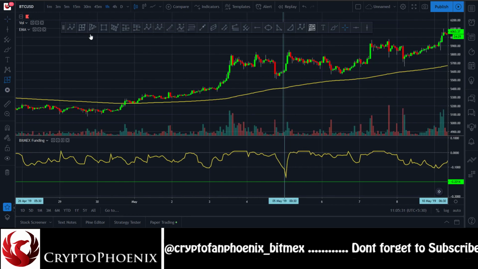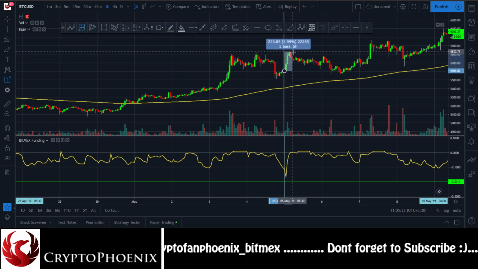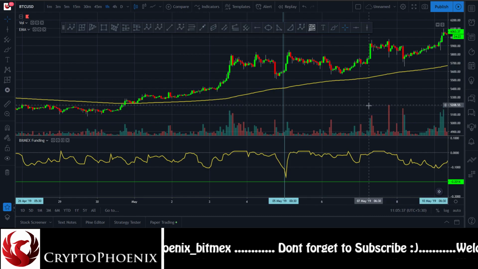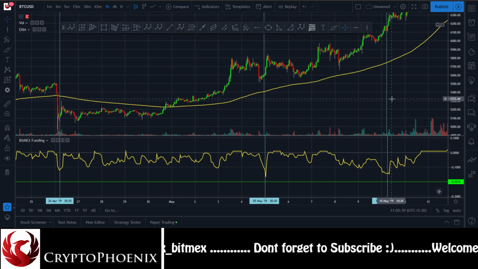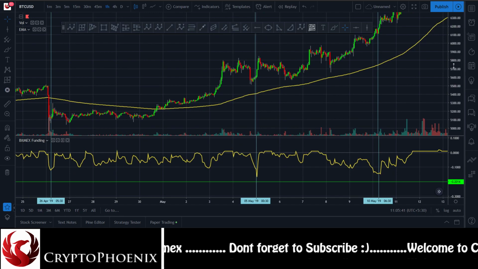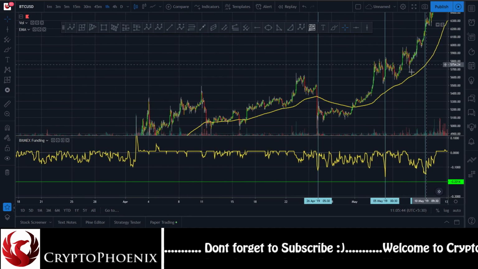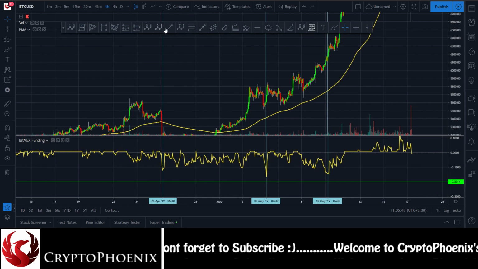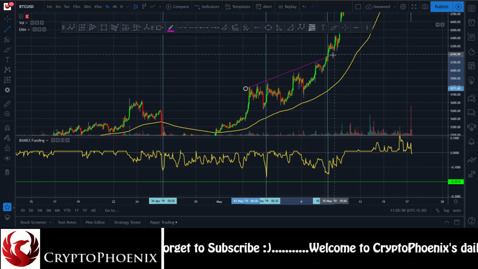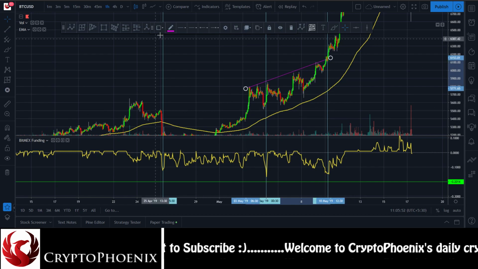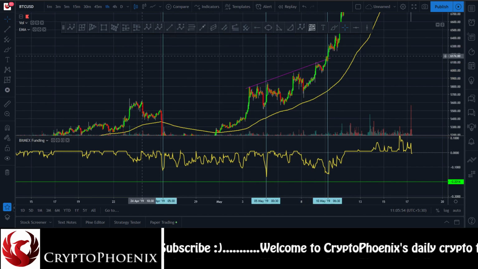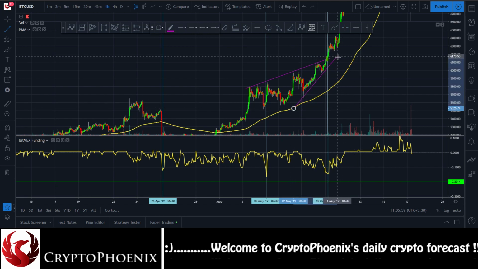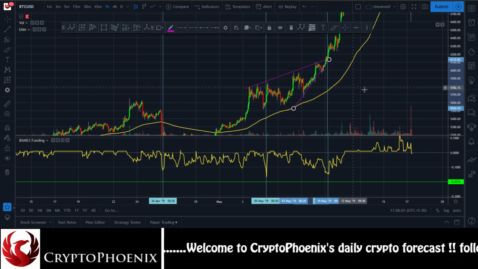And if you look at this pump, that's almost 4%. If you leverage 10 times, it's 40%. So let's just look at another example right here. I think this level was very much anticipated by most of the traders, as even I was thinking, this is a sort of rising wedge, and a rising wedge pattern always breaks downwards.